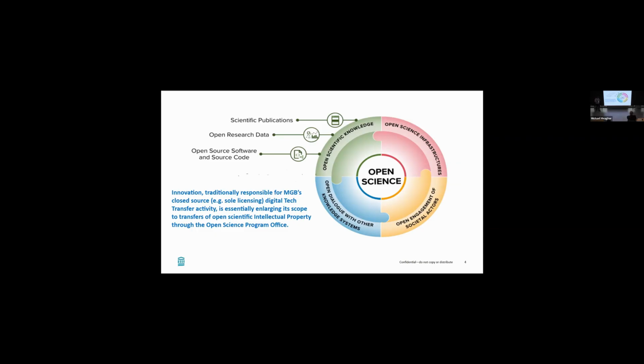This slide talks about our purview, which is scientific publications, which in my experience has really been the linchpin and a focus of a lot of our researchers. They want that Nature publication. And as many of you know, in the world of open access, proper licensing is paramount. Our second area of focus is open research data, and third is open source software, like source code.